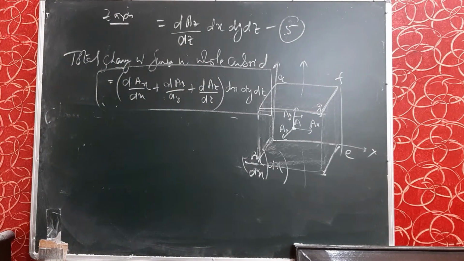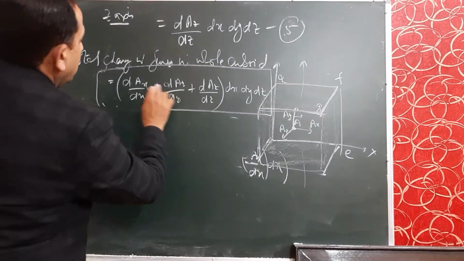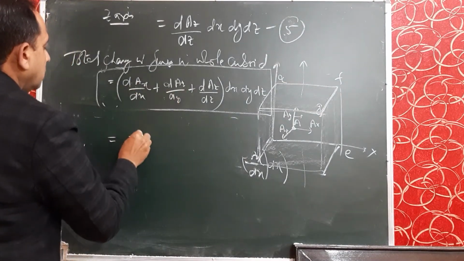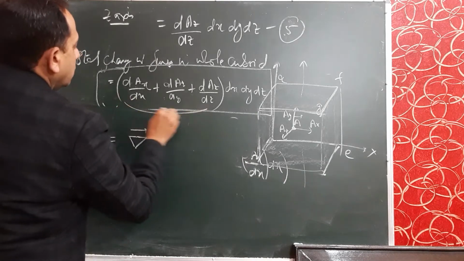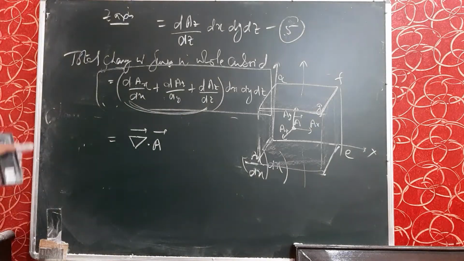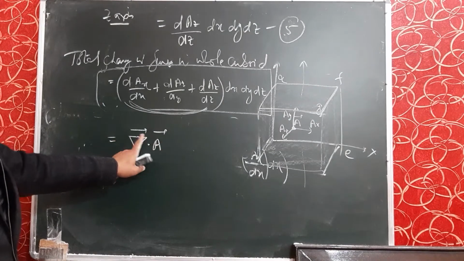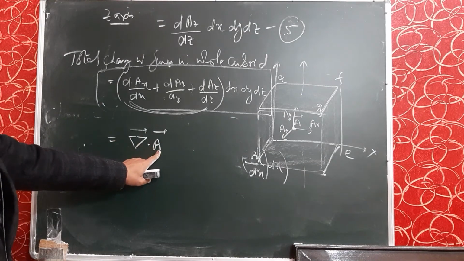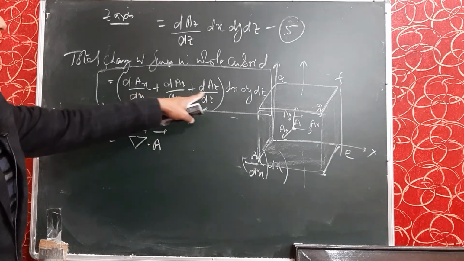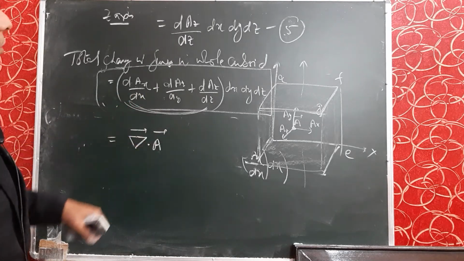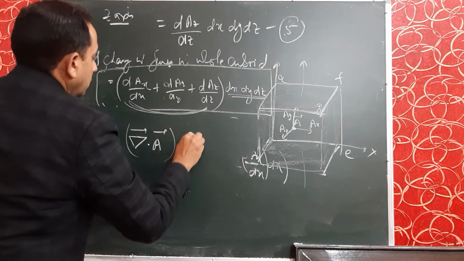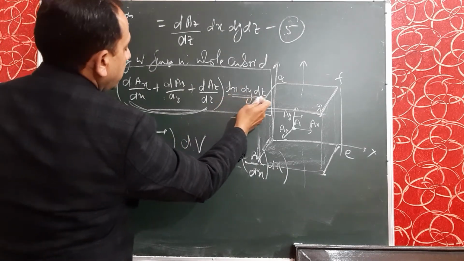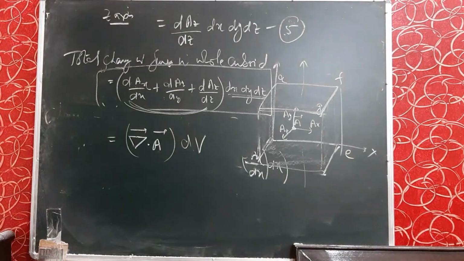So this may be written as del dot A, because we have already solved the physical or mathematical equation for del dot A. Del means three components, A has three components. When we multiply these two, we will get this answer. So this is nothing but del dot A, and it is volume dV, because length into breadth into height, that is dV, volume.